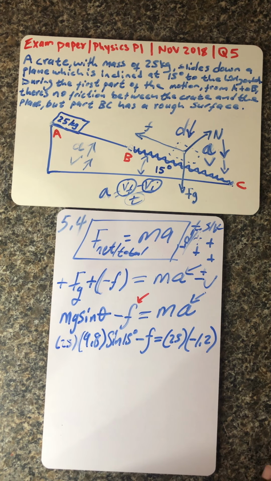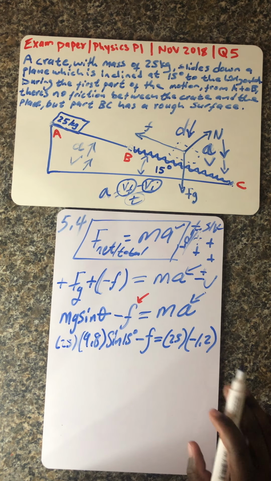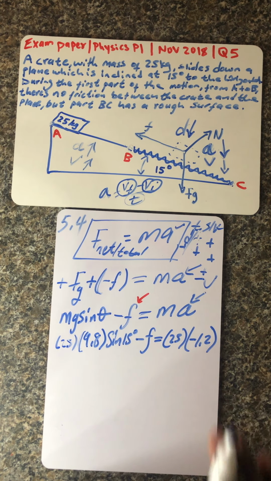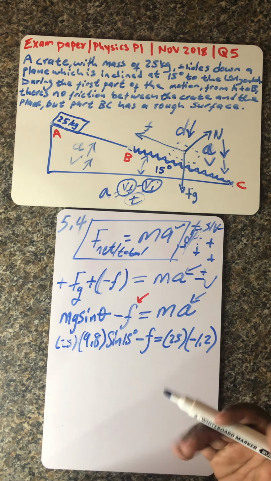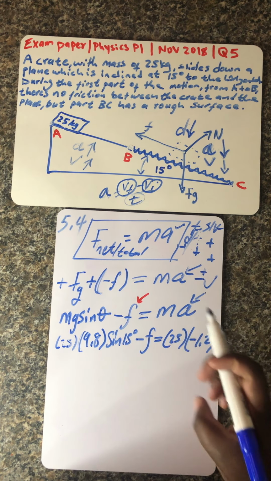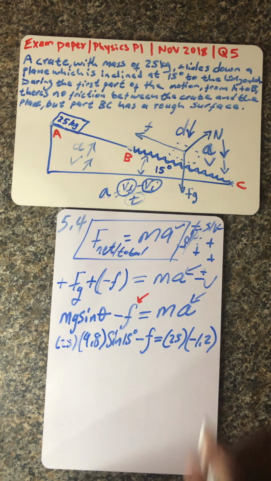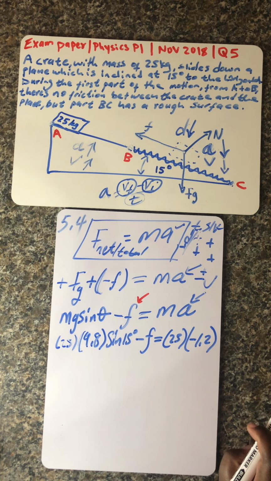Most importantly, guys, can you see this formula? This is a formula that you're normally given in the formula sheet. But when you get to tertiary level, that's where they test your understanding. They can give you a statement where you need to form an equation. After forming an equation, you need to be able to substitute based on the given statement.